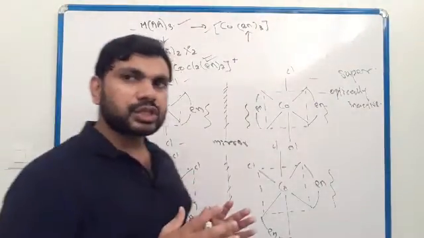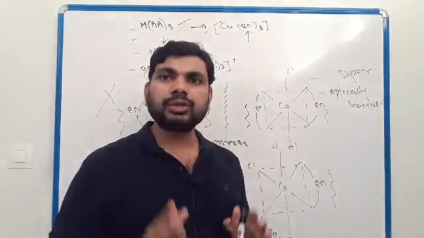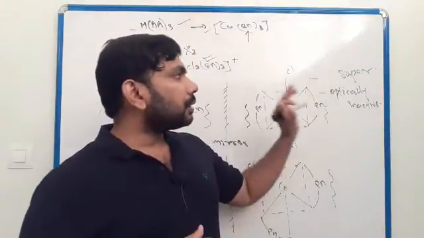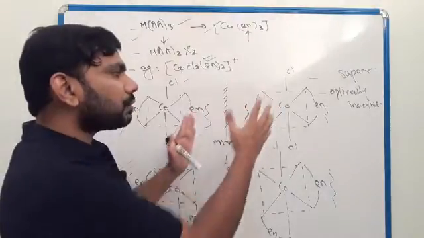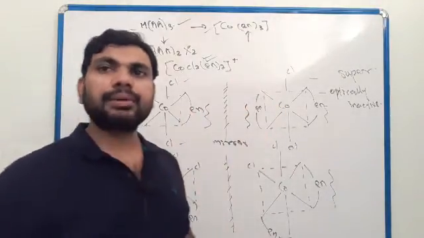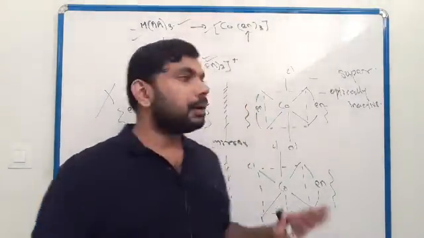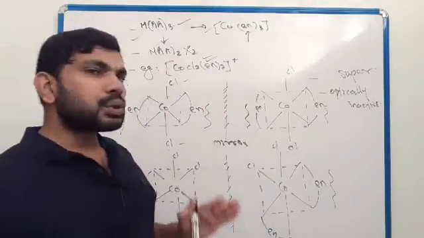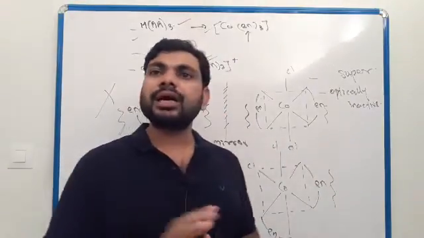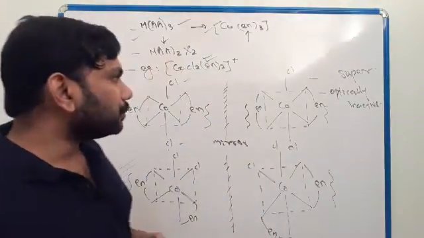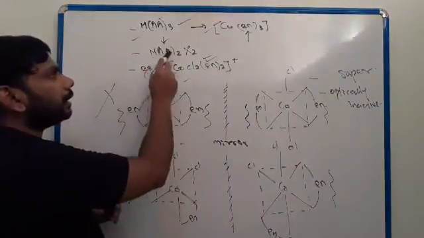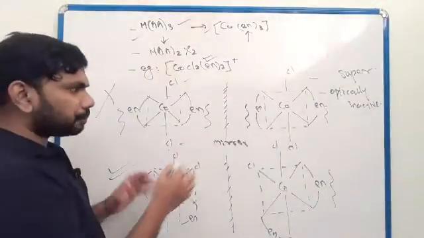I told you, for optical isomerism, the two isomers should be non-superimposable. You can say these two isomers are superimposable and they are not isomers. These two structures are superimposable, so they are not optical isomers. Clear? So you have to remember here Ma2X2. There is one possibility.